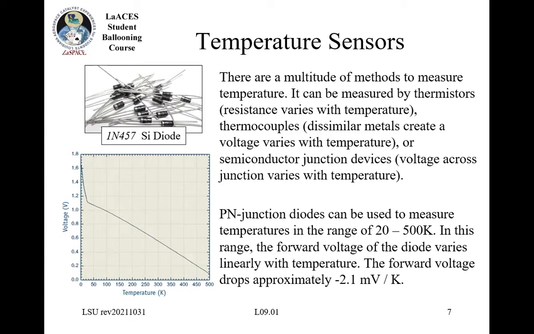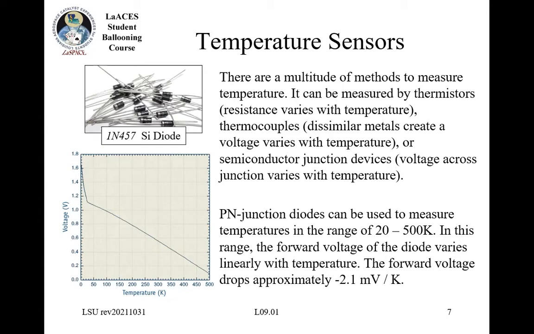That's a device where you have two different conductive metals touching each other, and they create a voltage that will vary with temperature. What we're going to use eventually for a temperature sensor is a semiconductor device. We're going to use a diode where the voltage change across that diode junction is going to vary with temperature.